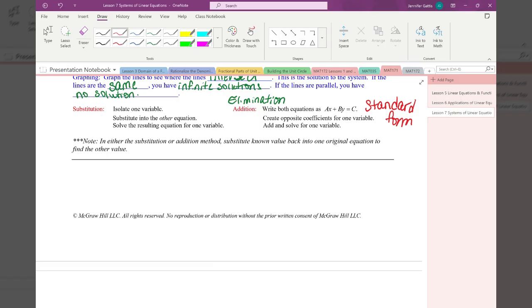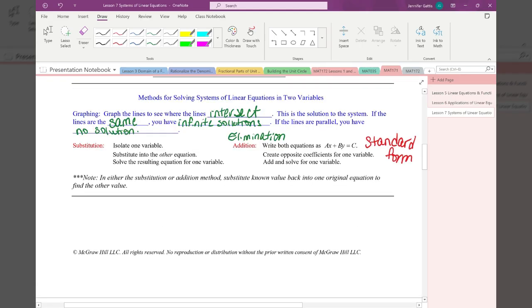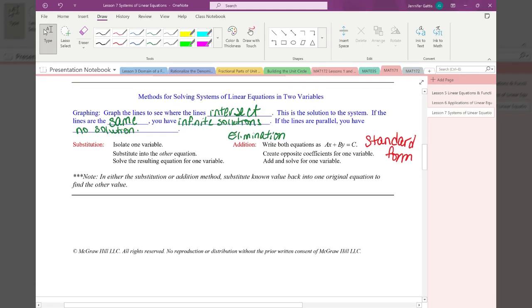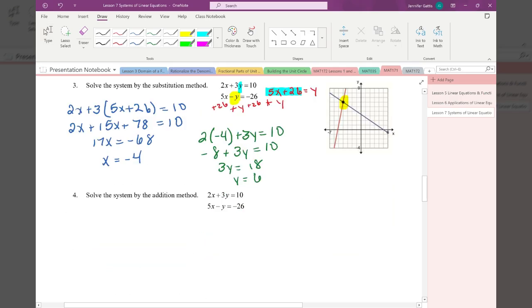And then we want to create opposite coefficients for one variable and solve for that one variable. And still, whatever variable we solve for, make sure that we plug it back in to get the other variable. Because remember, the solution to any system of linear equations is a point. It has an x value and a y value.